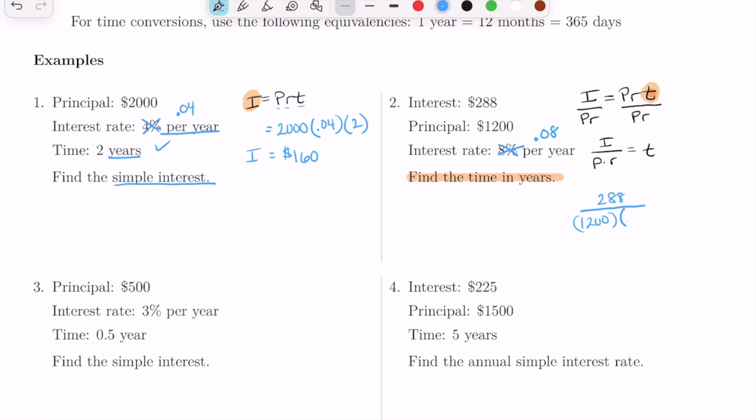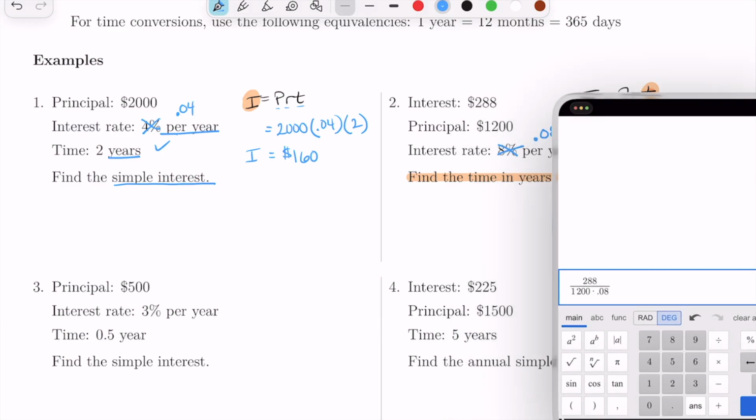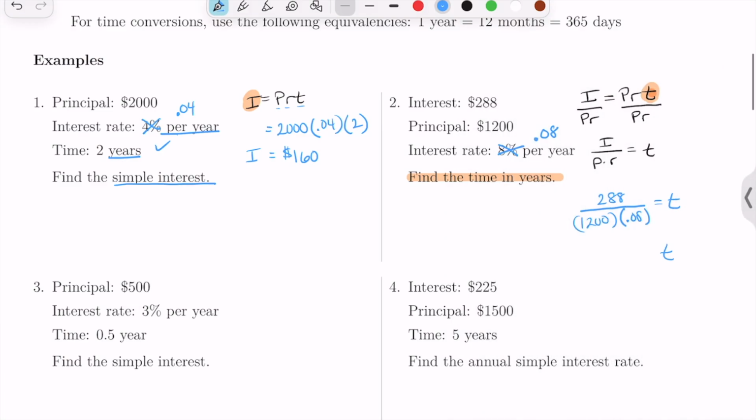So I'll put that in for our R, and that's how we get T. 288 divided by 1,200 times 0.08. This gets us 3. So T is equal to 3, or in other words, 3 years.